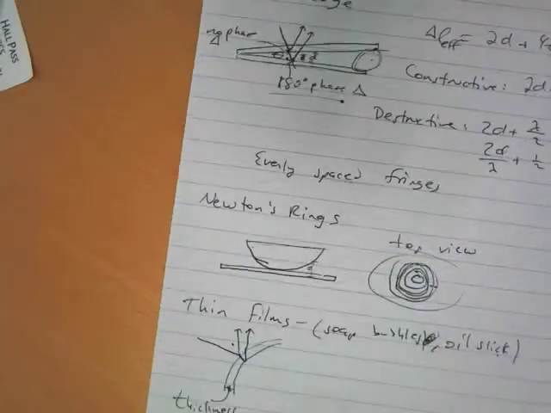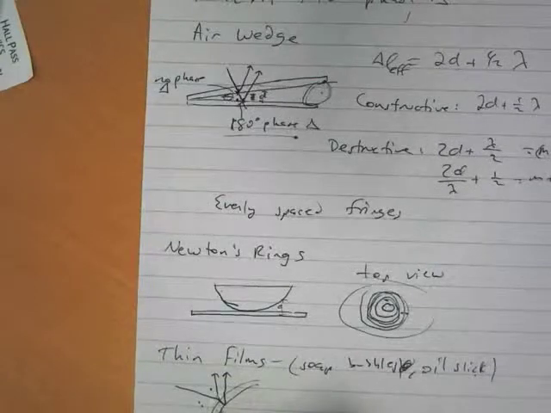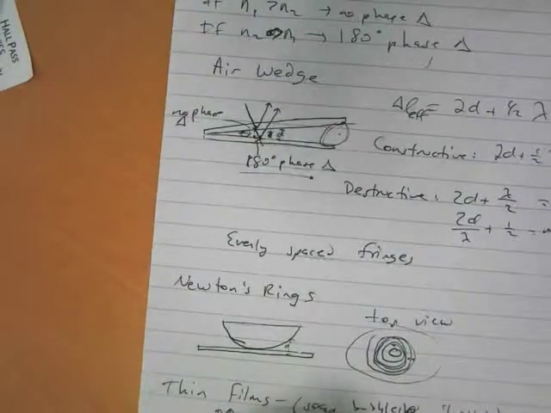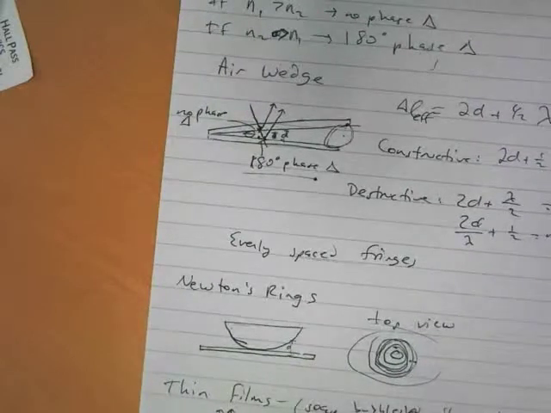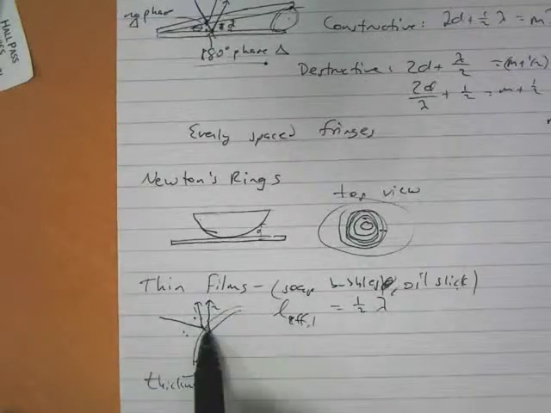Okay, so when we go from air into the bubble, the index of refraction in the bubble is greater than in air. So if we call this 1, call this 2, this path length for 1, our effective path length, is going to be half a wavelength, because in that reflection, we get a 180-degree phase change.